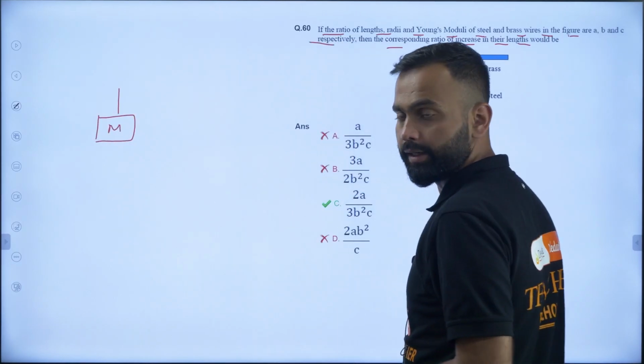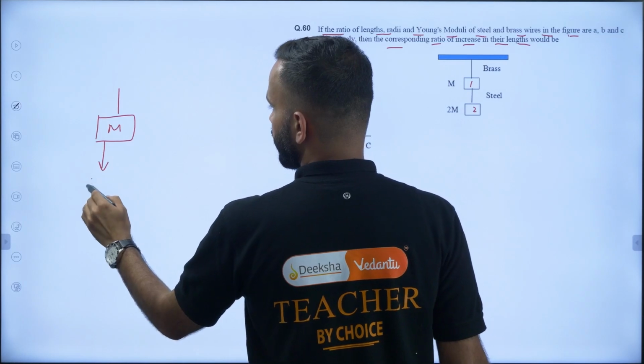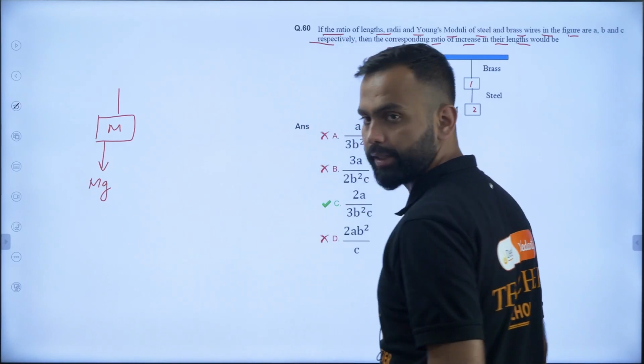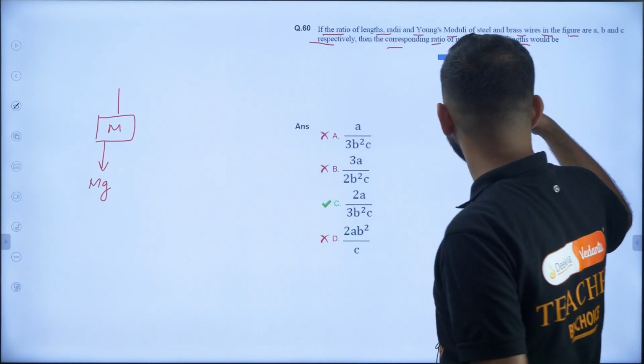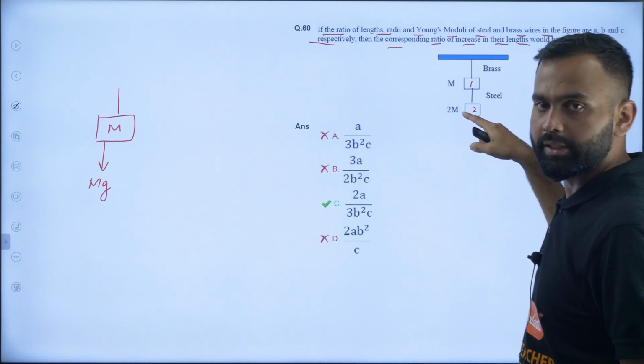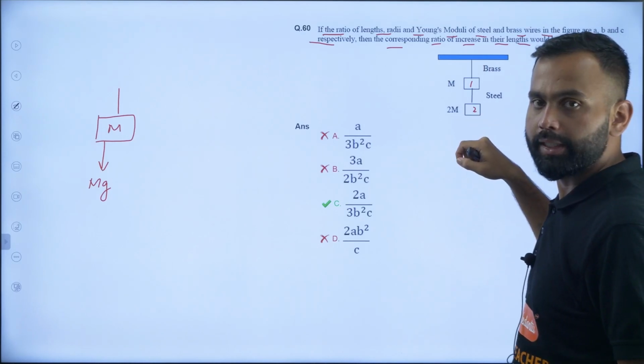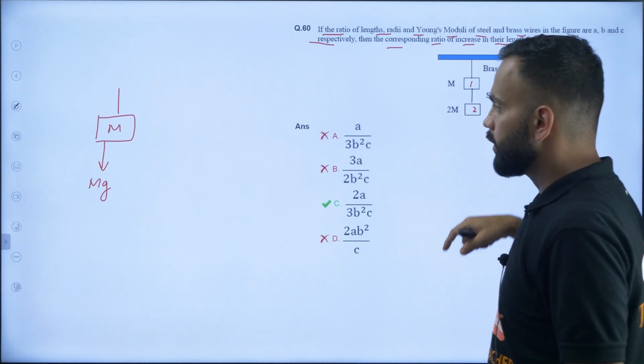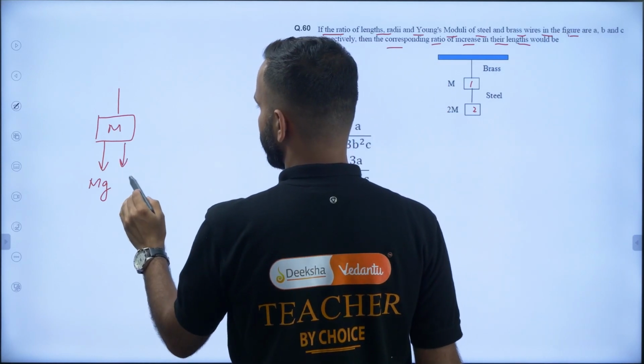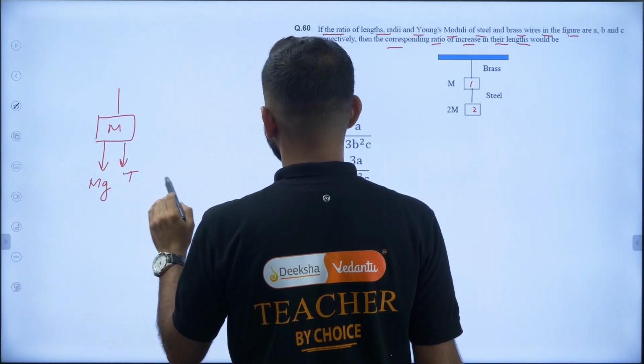Due to gravity, the force on M will be mg. The steel wire is connected to the second mass, which is 2m. The tension in the string is in the downward direction, so this is T.